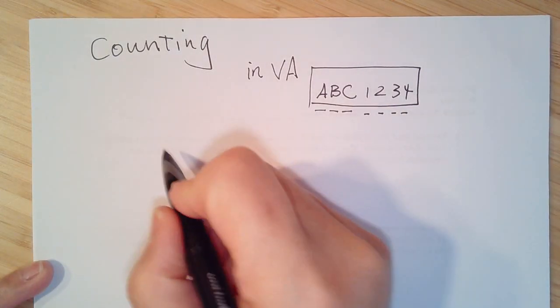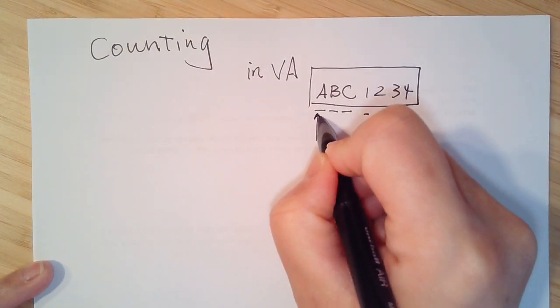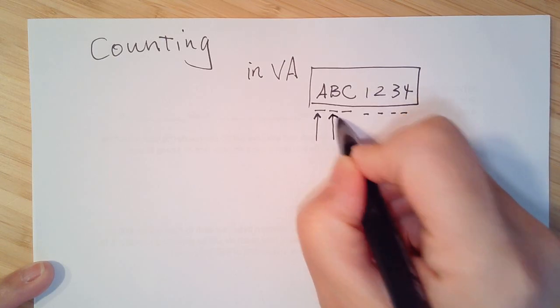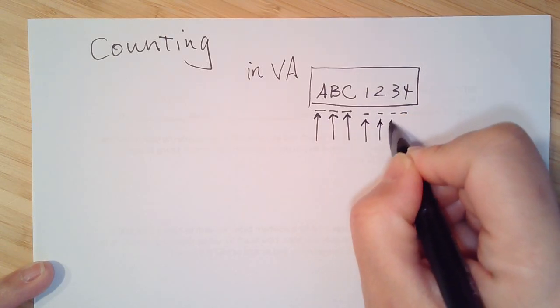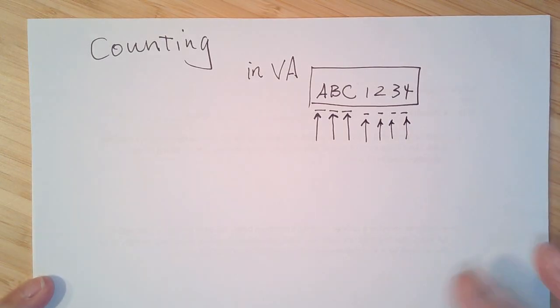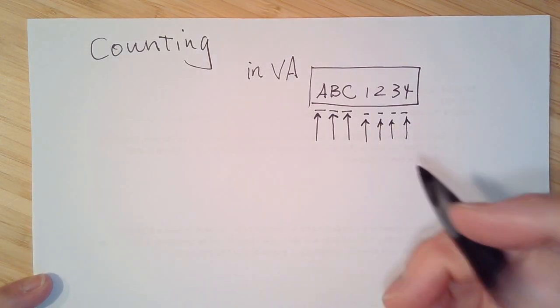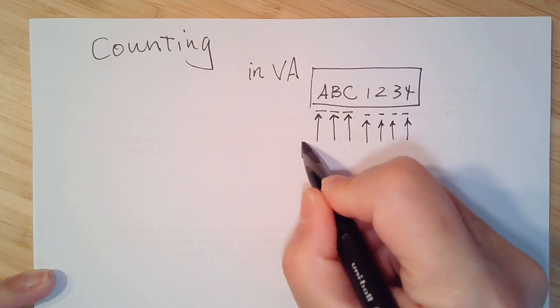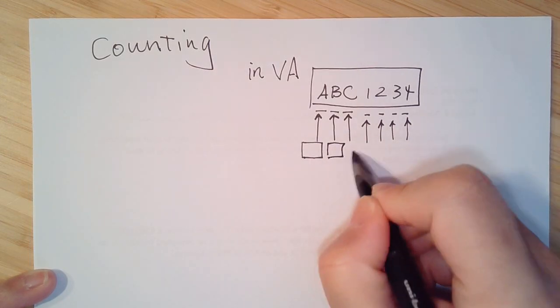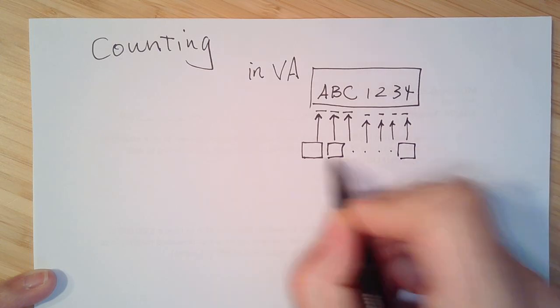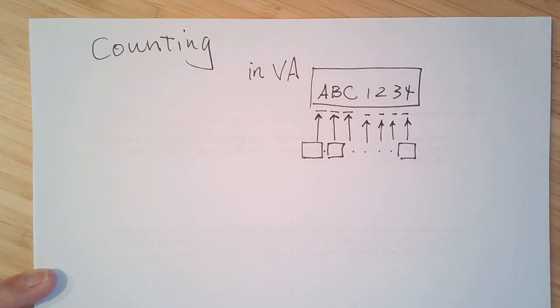So what we do is we look at the first place, the second place, the third, fourth, fifth, sixth, and seventh. So there are 7 places we have to put things. And then we just find how many possibilities are in each place, and then we multiply all those numbers.